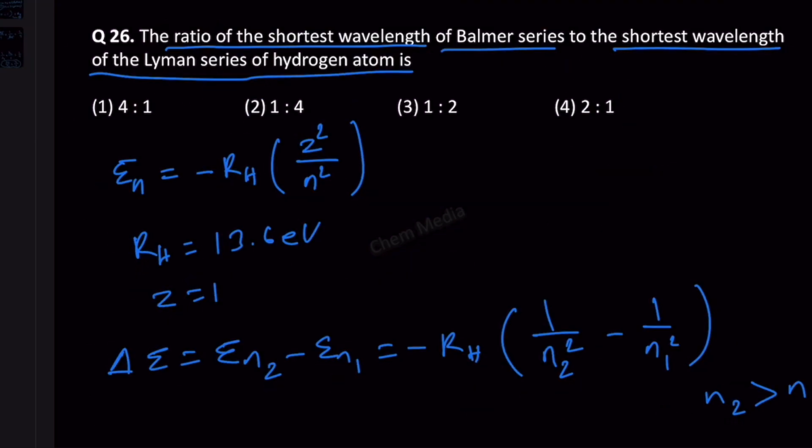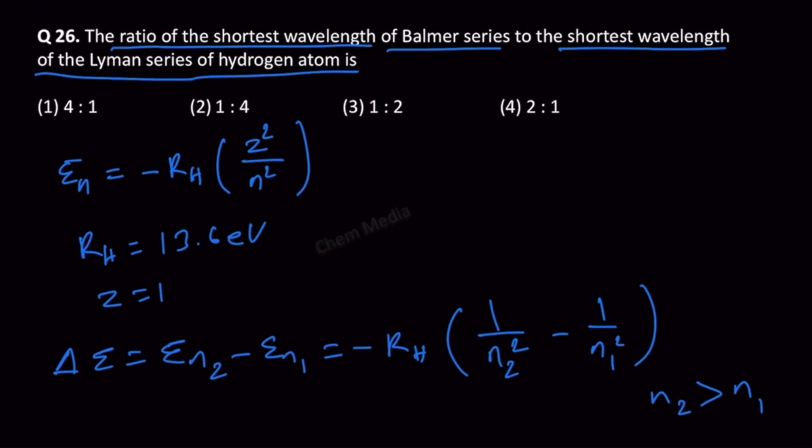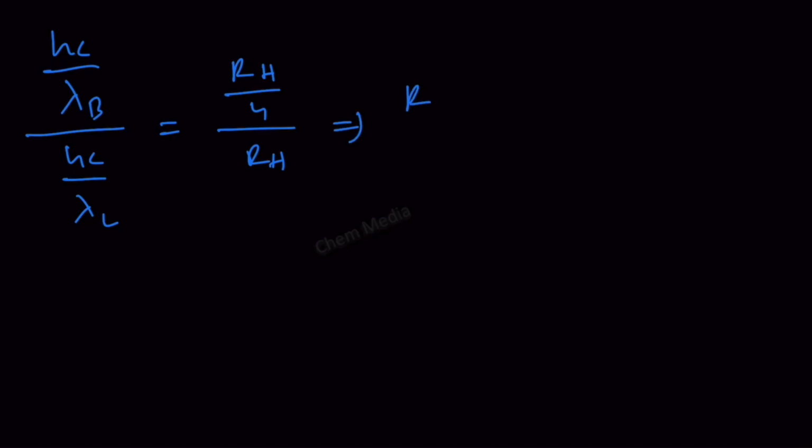Now what are they asking? Ratio of the shortest wavelength of Balmer series to the shortest wavelength of Lyman series of hydrogen atom. Therefore, Hc divided by lambda b whole divided by Hc divided by lambda L is equal to what? And this would be equal to Rydberg constant divided by 4 whole divided by Rydberg constant, which we can write as Rydberg constant divided by 4 times 1 by Rydberg constant, because this is basically Rydberg constant divided by 1.